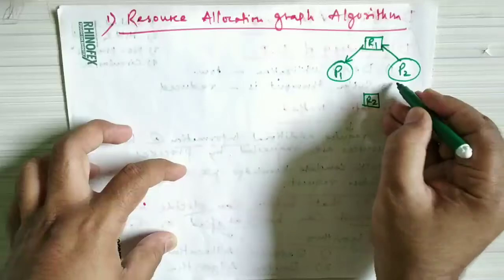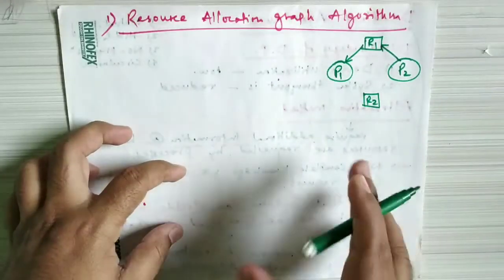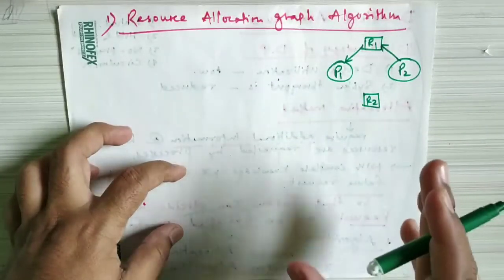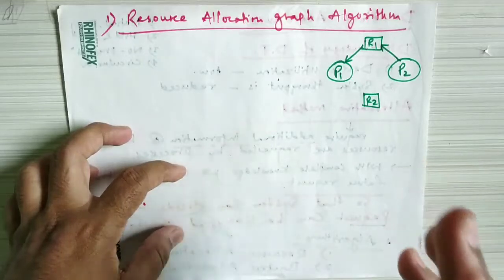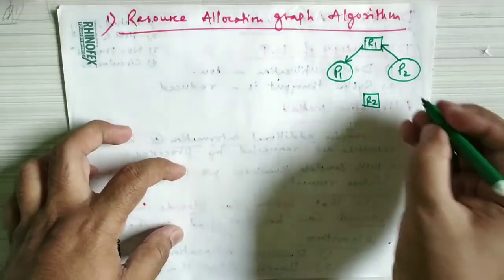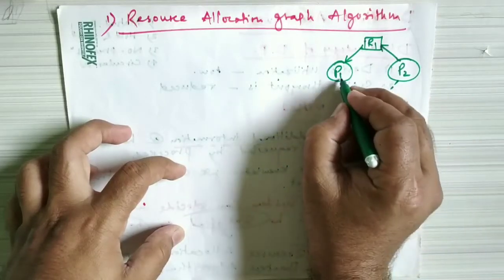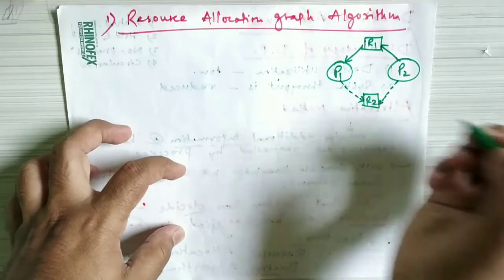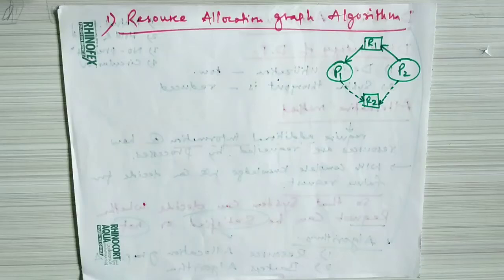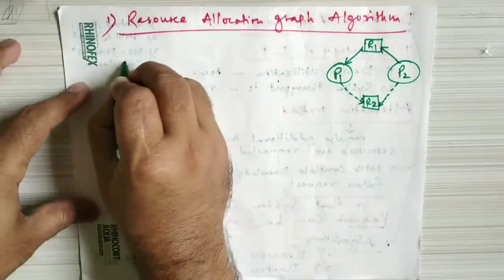The main concept behind this diagram is to show the different types of edges used in the resource allocation graph.